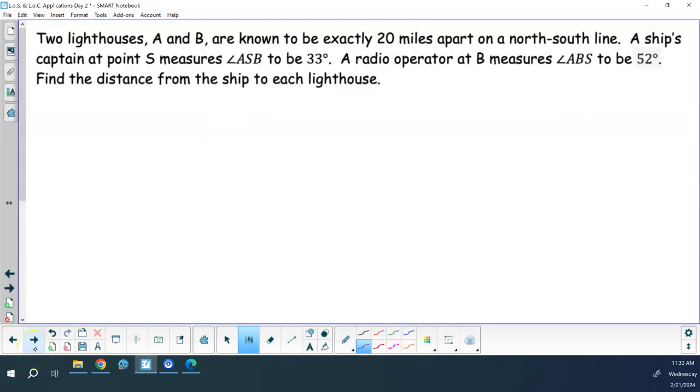Let's do it. 2 lighthouses, A and B, are known to be exactly 20 miles apart on a north-south line. Okay? North-south is up and down, yay? This is kind of a preview of things to come, because next unit is all about navigation.